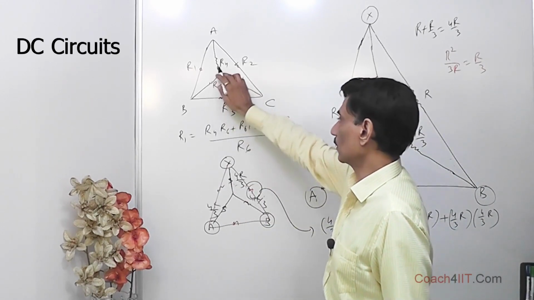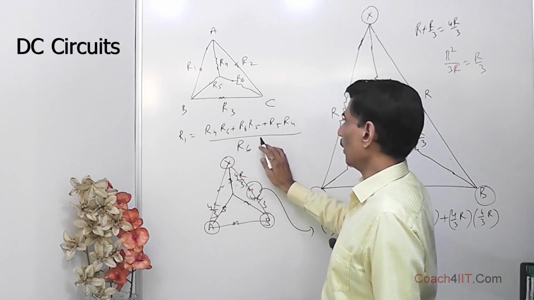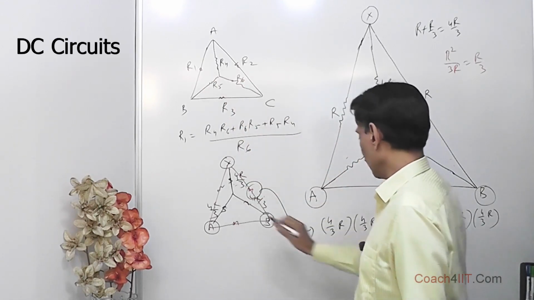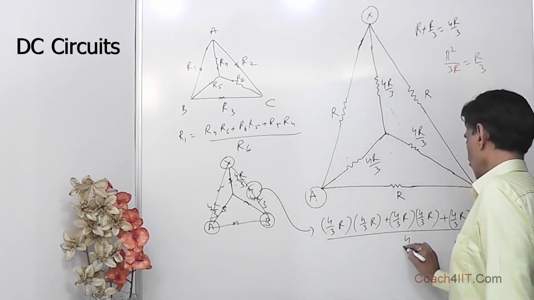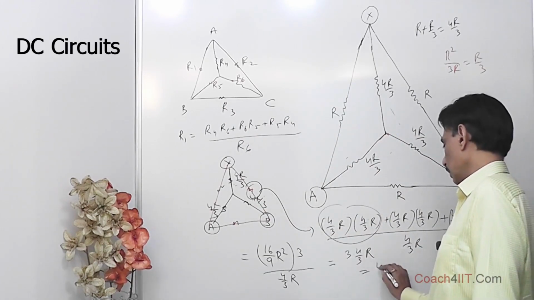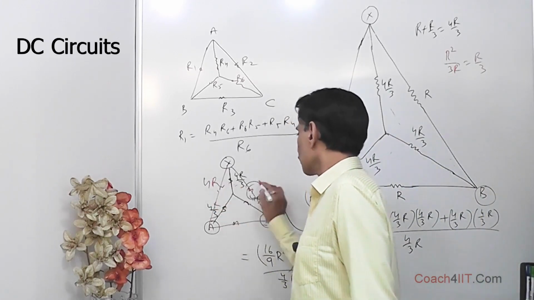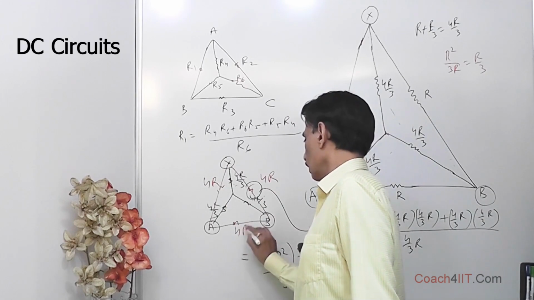This into this plus this into this plus this into this. Then in the denominator, opposite to this one, that is 4 by 3R. Or it comes out to be 4R. So each side comes out to be 4R, 4R, 4R.